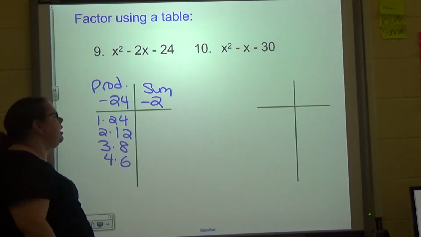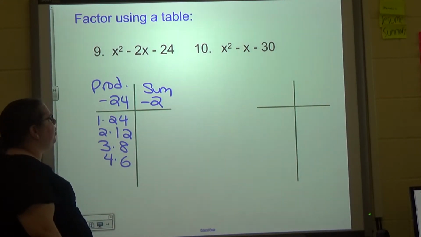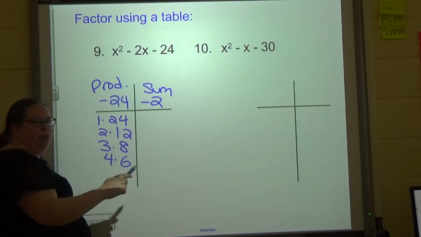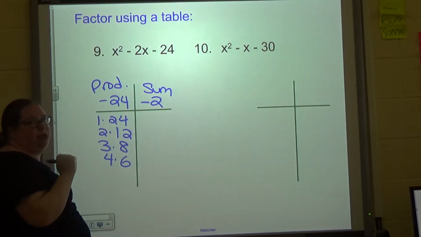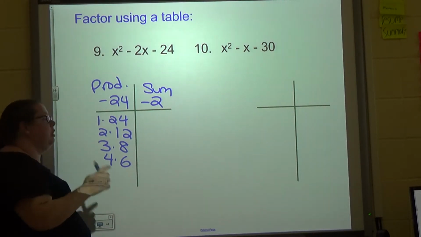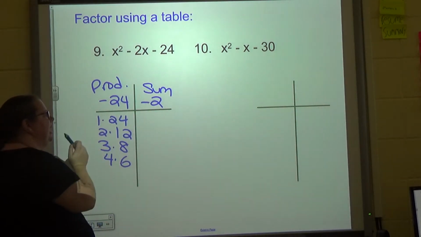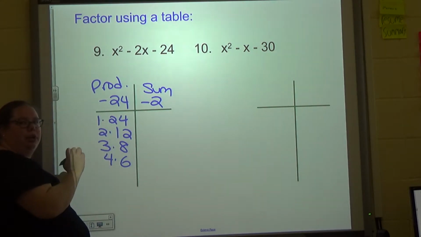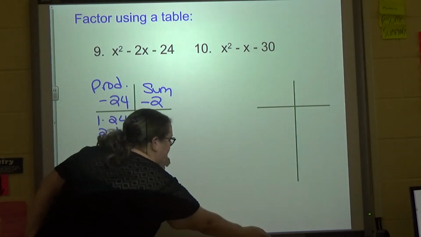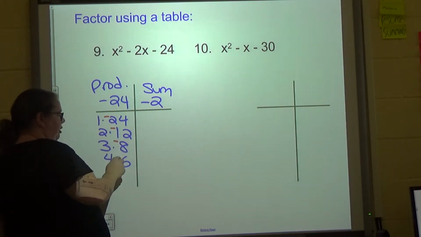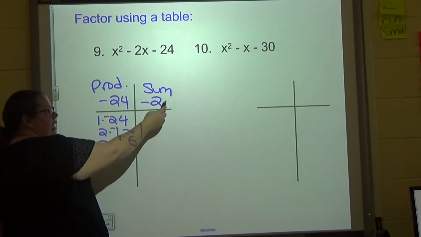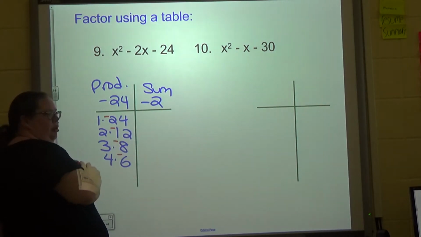They don't. So I need to put a negative somewhere. How many negatives do I need? Only one of them should be negative. So which one? Since the sum is negative, we need the greater number to be negative. So we're going to make the bigger number negative. The bigger number follows the sum, right? If the sum is negative, the bigger number is negative.